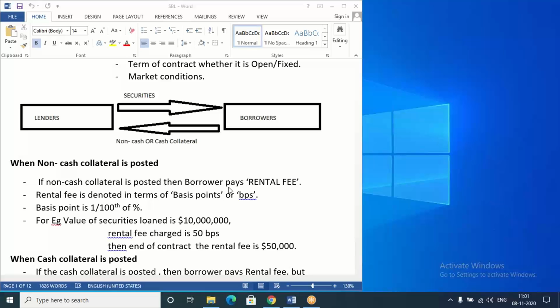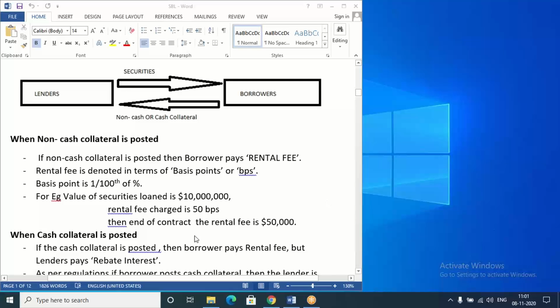And if they reinvest that cash in the market, they will get some returns, correct? Now, part of that return has to be rebated back to the borrower as per regulations.